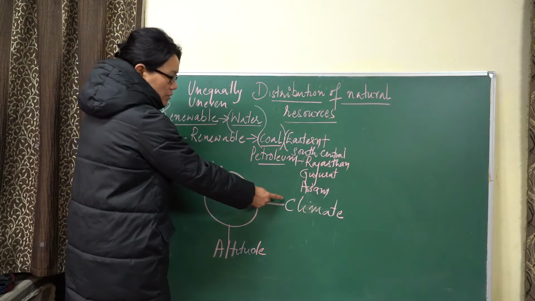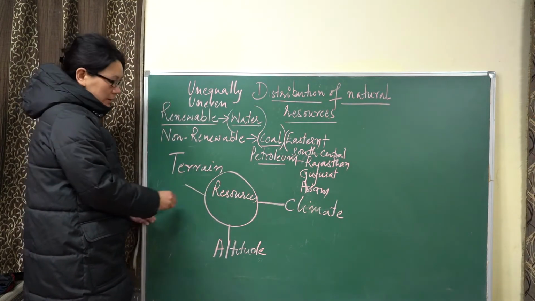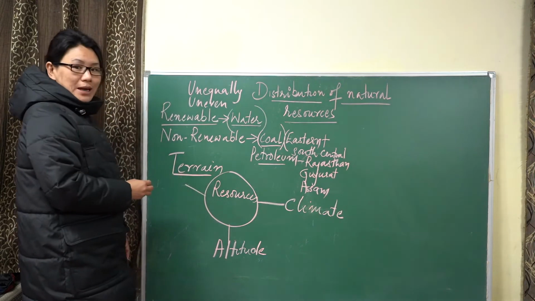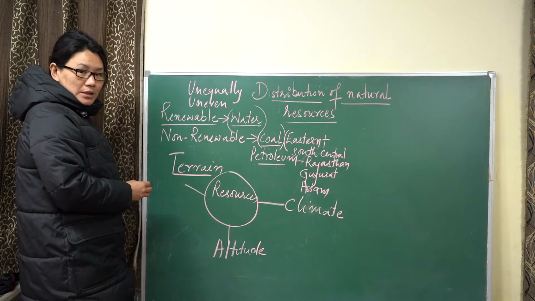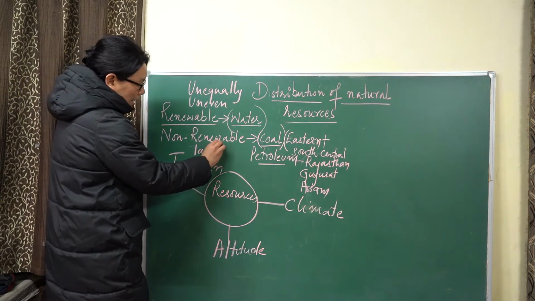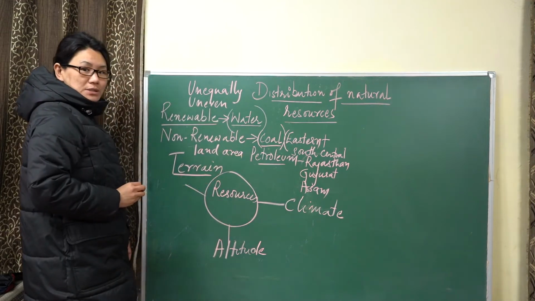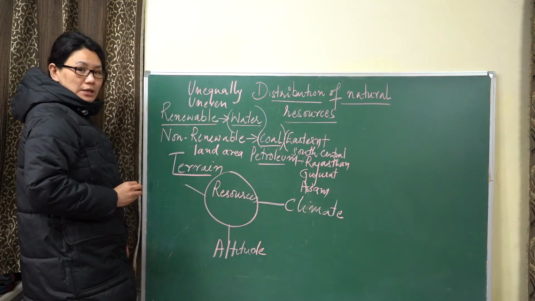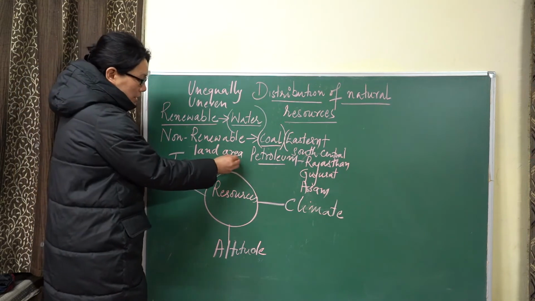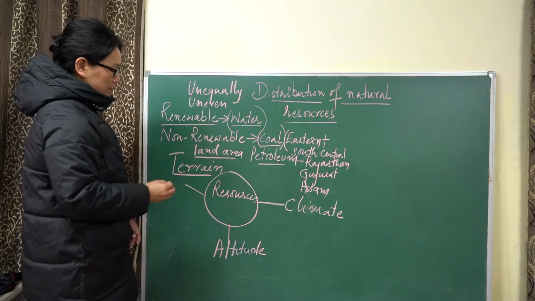Now this you know, climate. Now we come to terrain. What does terrain mean here? It means land area. Now I will give you some examples of terrain.